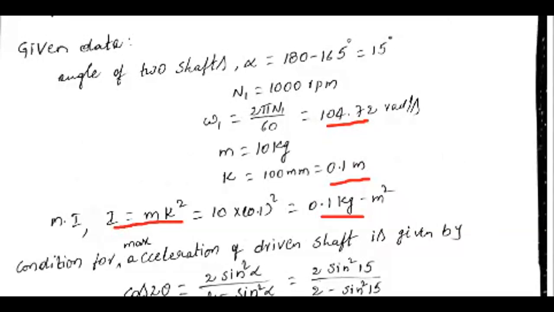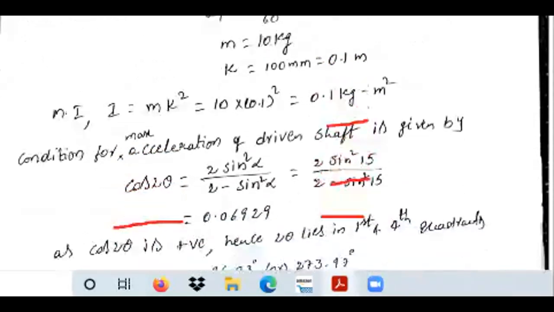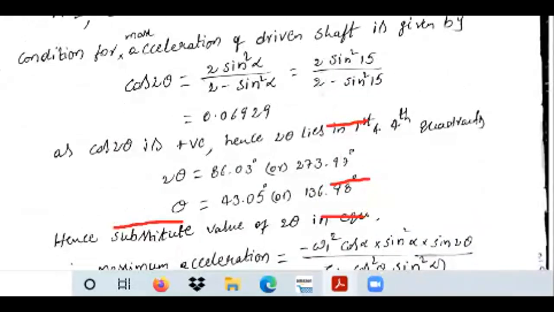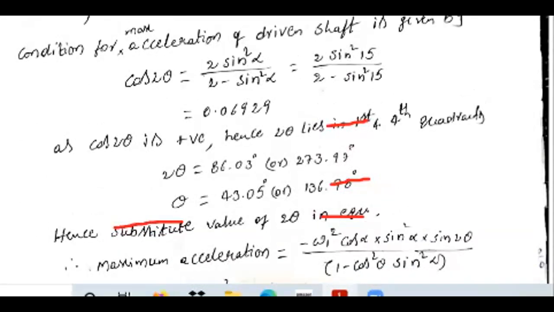For getting the maximum acceleration, there is a condition for maximum acceleration of the driven shaft. Cos 2 theta equals 2 sin square alpha by 2 minus sin square alpha.